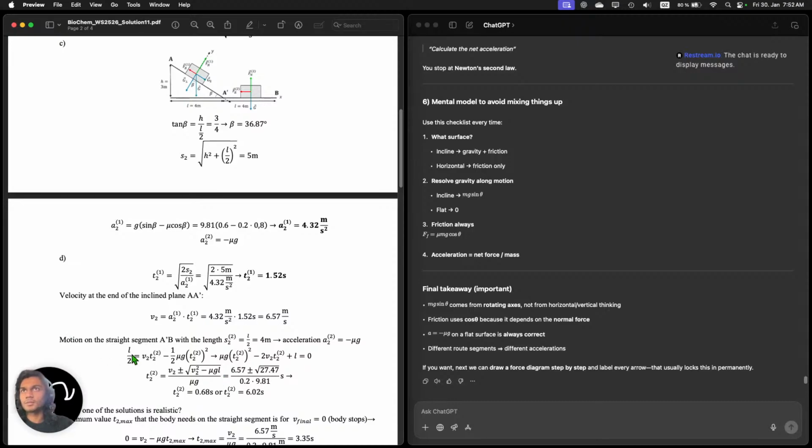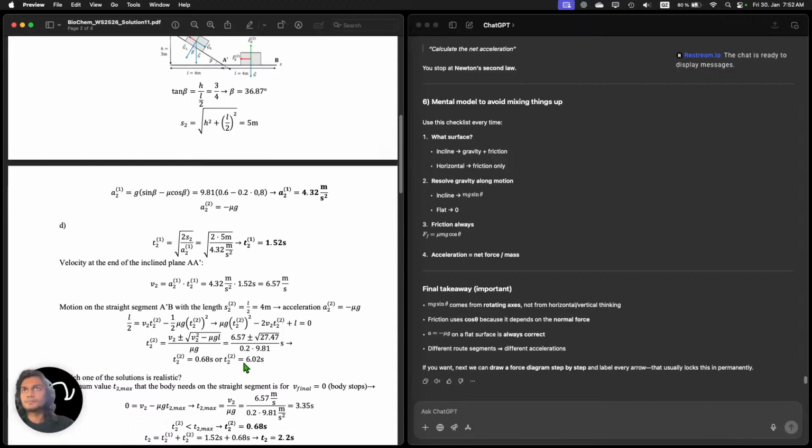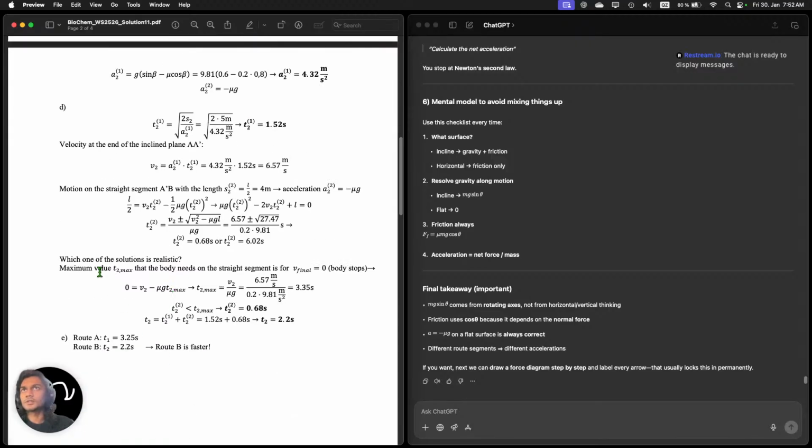Motion on the straight segment AB with the length. Which of these solutions is realistic? Why do we got two? Okay, we. Maximum value the body needs on the straight line.